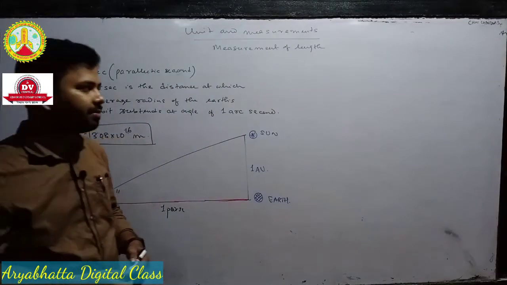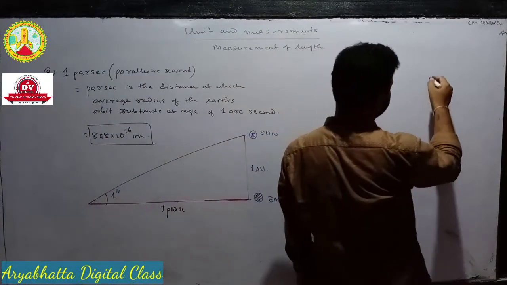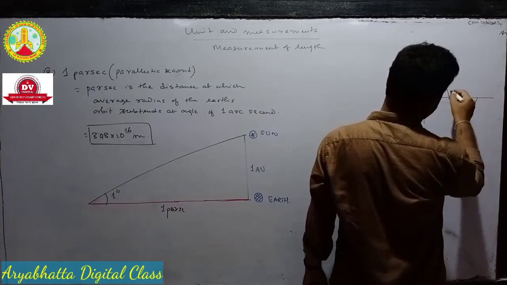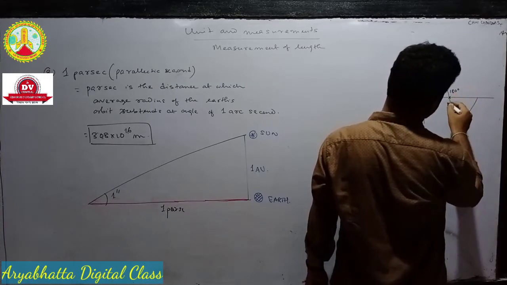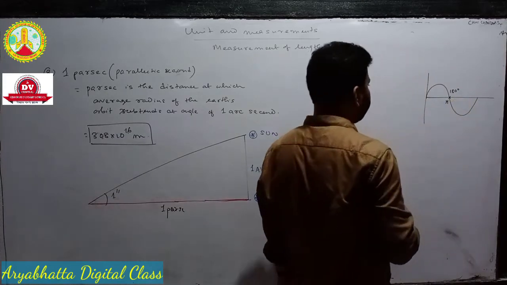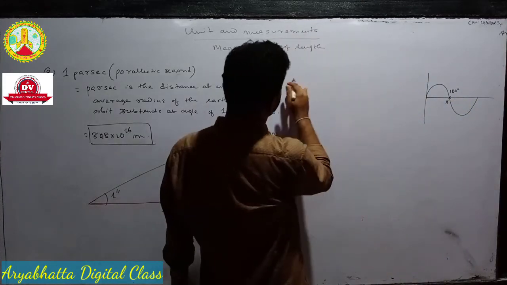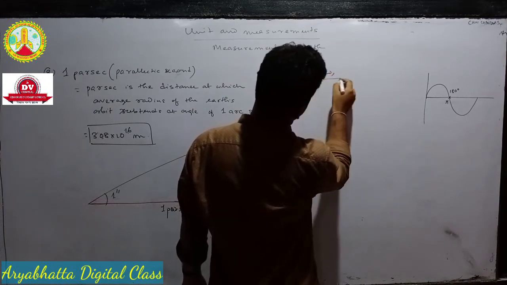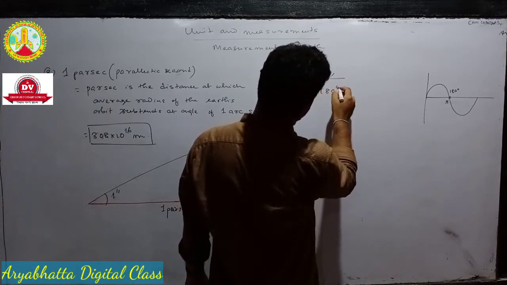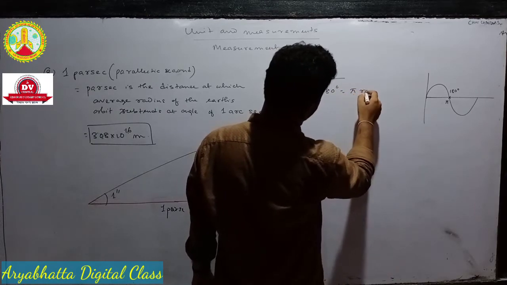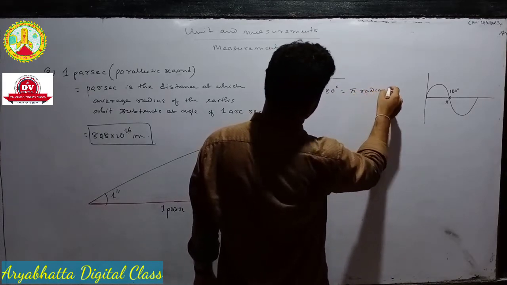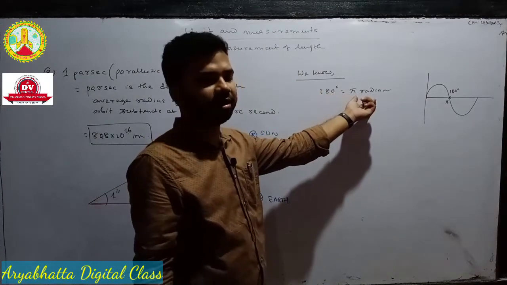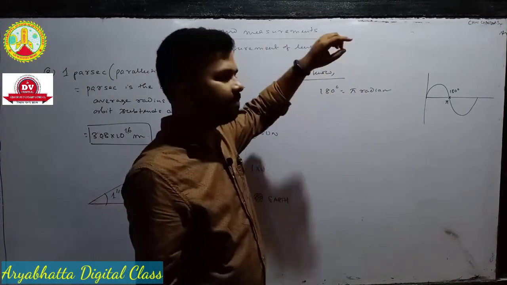In trigonometry, when we draw the sine wave, this is 180 degree. It can be written as 180 degree or pi also. We know that 180 degree is equal to pi radian, that is, in the SI unit of angle.